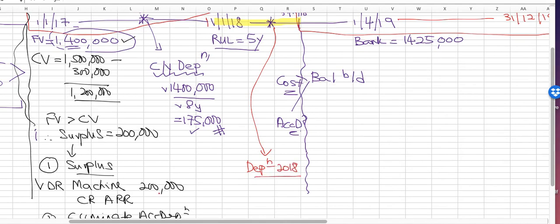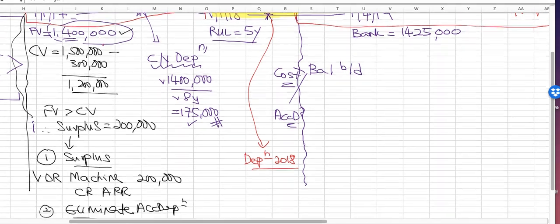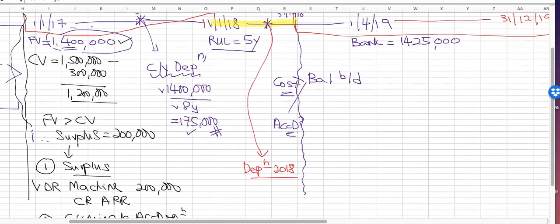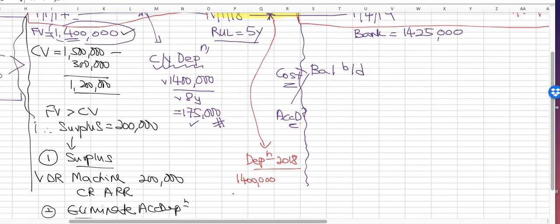Okay? The method is the same. 1.4 million. Okay, you use that to calculate the depreciation, 1.4 million. Okay, be careful.